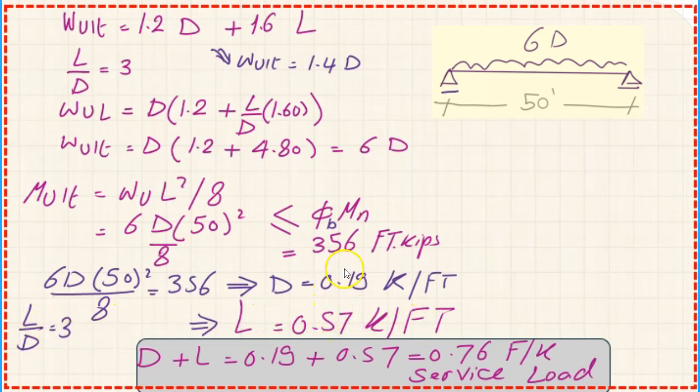The surface load equals 0.19 plus 0.57 equals 0.76 kips per foot. This is the surface load based on the LRFD value that was required for estimation based on option A.